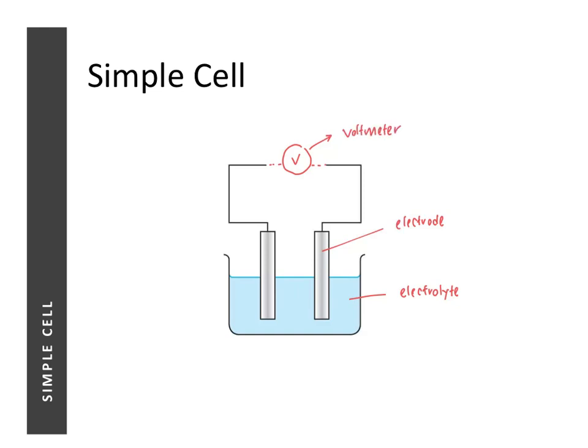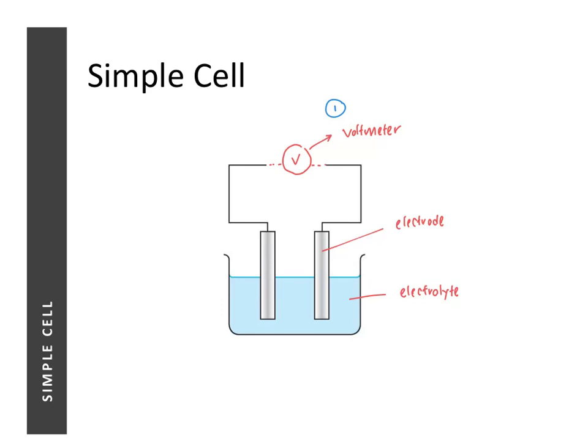The first difference between a simple cell and an electrolytic cell is that a simple cell uses a voltmeter, while an electrolytic cell uses a battery. There's a second difference: in an electrolytic cell, usually both electrodes are made of the same substance, which is graphite.